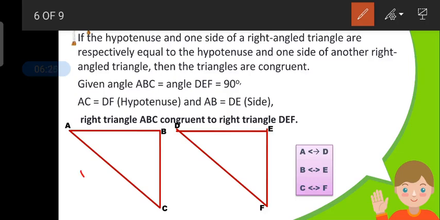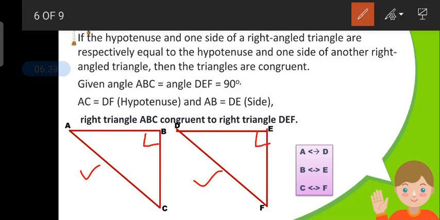In this triangle ABC, which is the longest side? AC is the longest side, right? In the triangle DEF, it is DF. So it is called the hypotenuse. And of course, it is a right angle triangle. And which side is equal here?